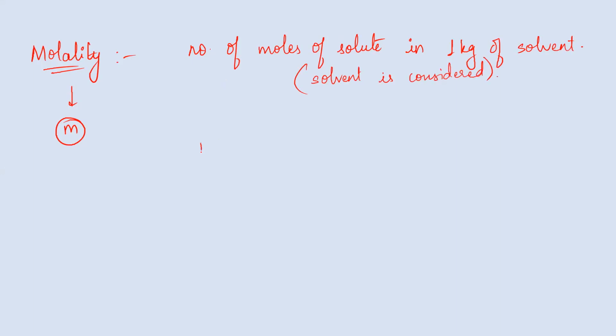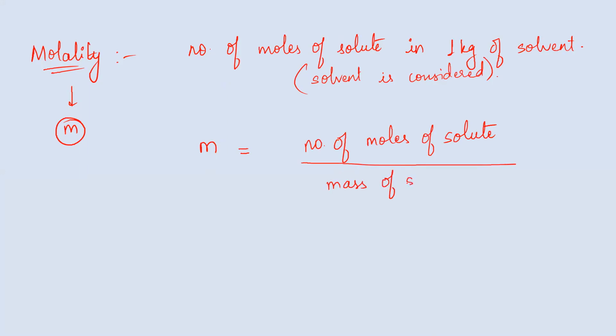If you write down the formula, small m is equal to number of moles of solute divided by mass of solvent.